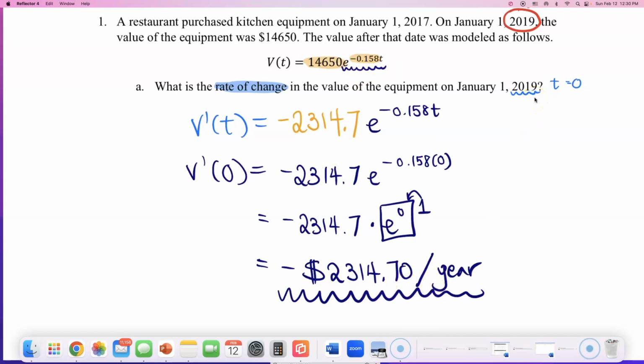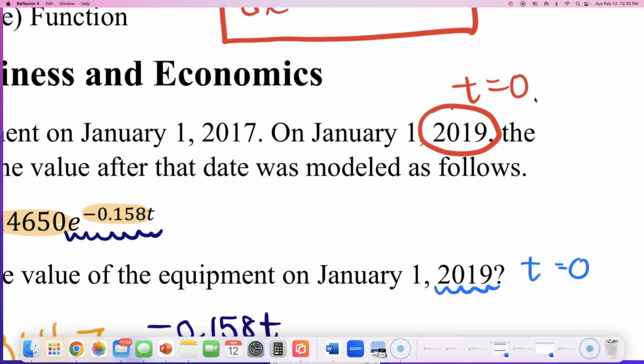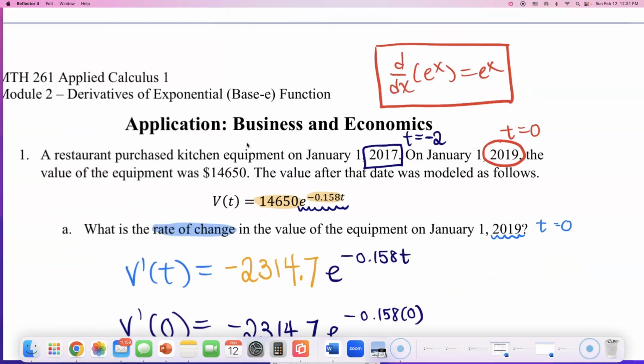Okay. Now I start to wonder, how much was this machine when they first bought it back in 2017? Now think about this. If t equals 0 for 2019, we're going back in time, right? For 2017, that's 2 years before 2019. So 2 years before, I'm going to use t equals negative 2 for year 2017.